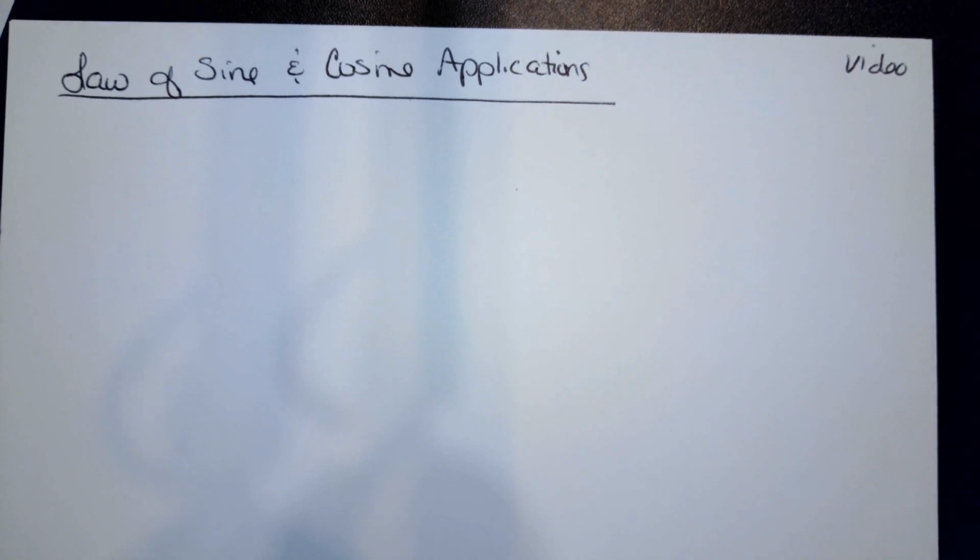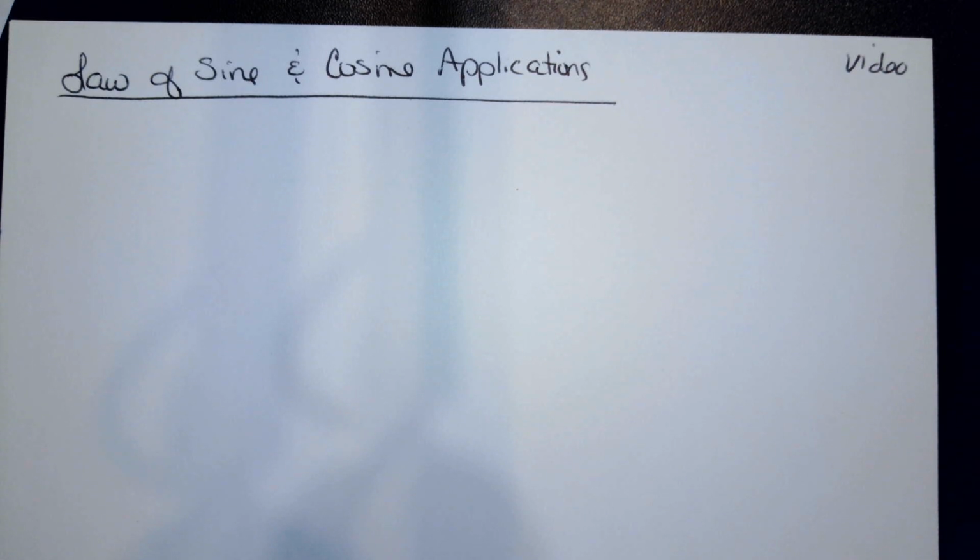Let's go ahead and dive into some more word problems with our law of sine and cosine applications. Yesterday we worked with our formulas for finding the area of triangles using either 1/2 AB times the sine of C, or Heron's formula, the square root of S times S minus A times S minus B times S minus C, where S was your semi-perimeter found by adding all your sides together and dividing by 2.